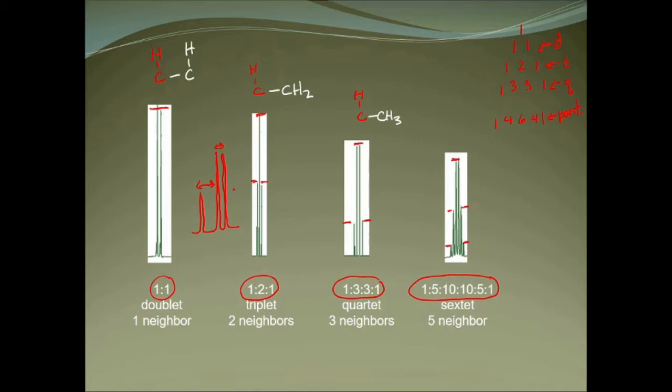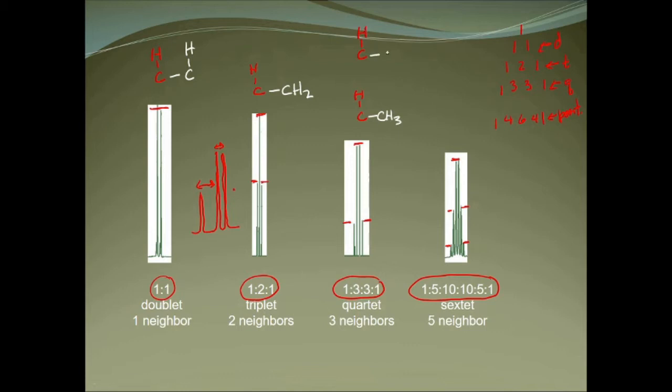Now, while I have been drawing this as though there is just one neighbor with all the hydrogens, that does not have to be the case. For example, we can also get a quartet if the hydrogens are on separate carbons.